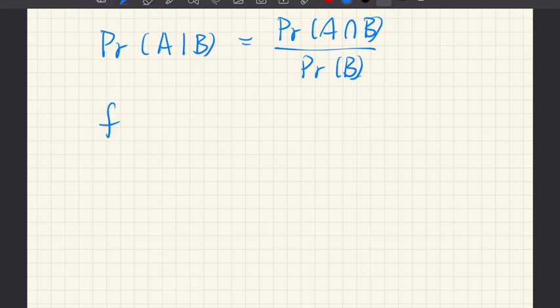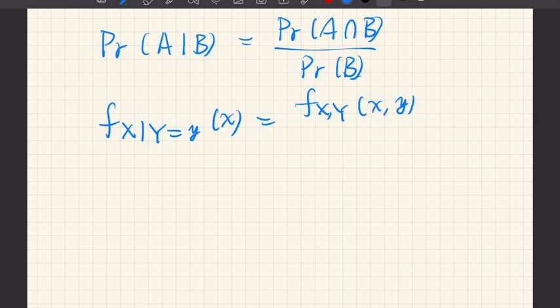So let's say probability density of x given that y is a certain value. This is defined as this joint density divided by the value of density at the specified value of y. So this is the density of x given that the value of y is fixed.